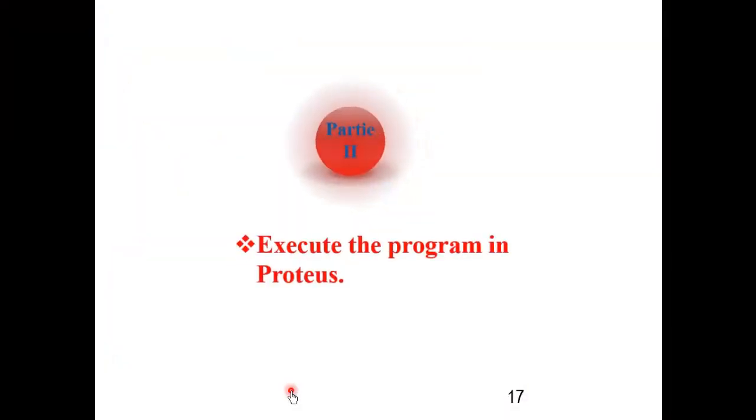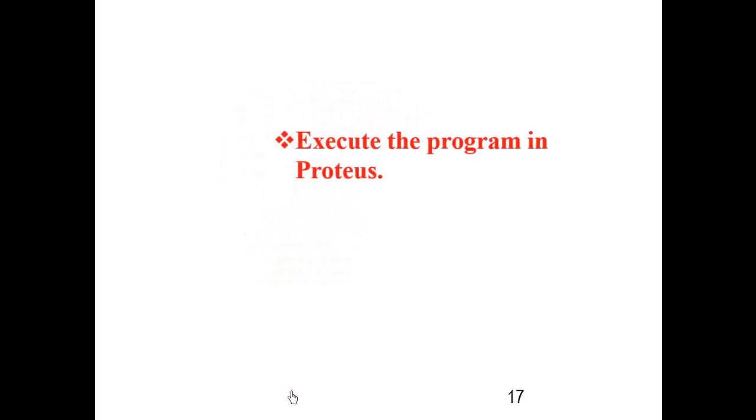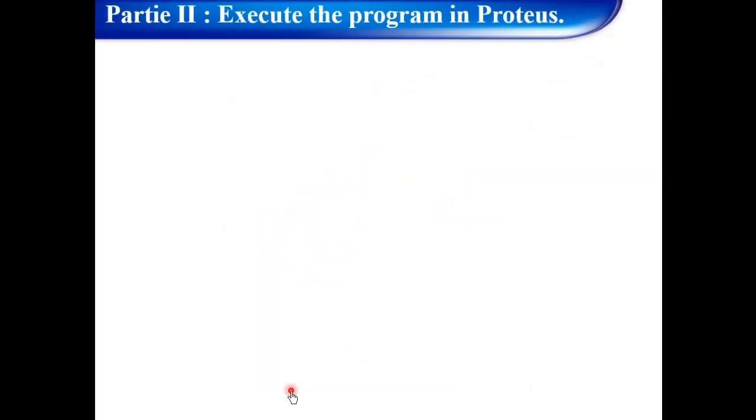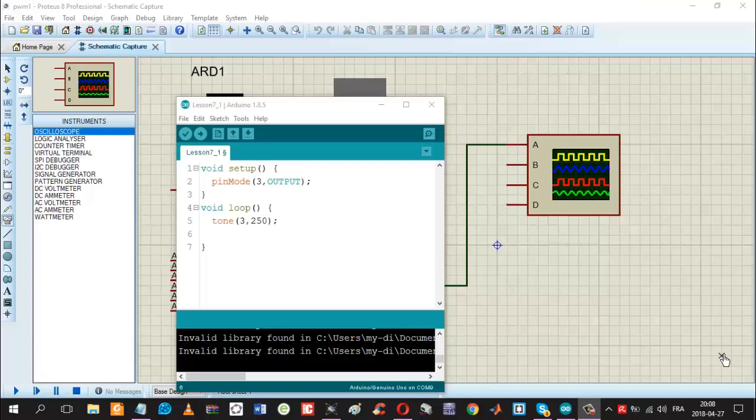Part 2, execute the program in parts. Now look at this program: pin 3 as output. The tone on pin 3, frequency is 250.